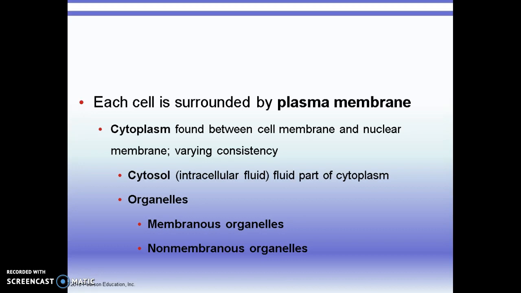Within the cell, there is cytoplasm between the membrane and the nuclear membrane. And in the cytoplasm will be cytosol, the intracellular fluid, and organelles. This chapter separates organelles into membranous organelles and non-membranous organelles, but I'm not too concerned with that division.